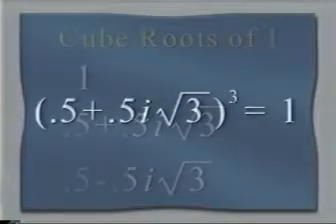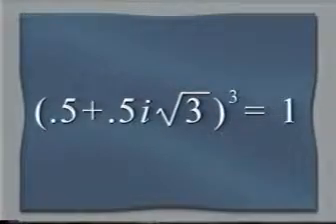And if you cube 0.5 plus 0.5i times the square root of 3, you get 1. Now, I'm not going to go through the process, but if you actually take 0.5 plus 0.5i times the square root of 3 and square it, and take the answer you get and multiply it by 0.5 plus 0.5i times the square root of 3, you will get 1.